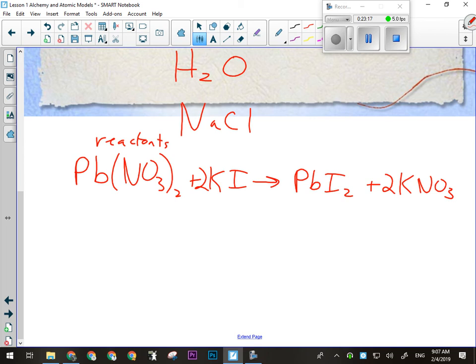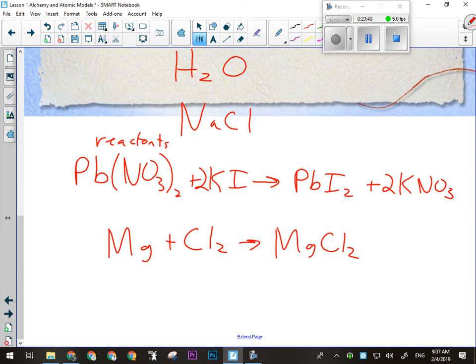This could be a joining reaction. If I reacted magnesium metal with chlorine gas, I would get this, magnesium chloride. I've joined those two atoms. I haven't changed anything. I still have magnesium and chlorine on both sides of the reaction.